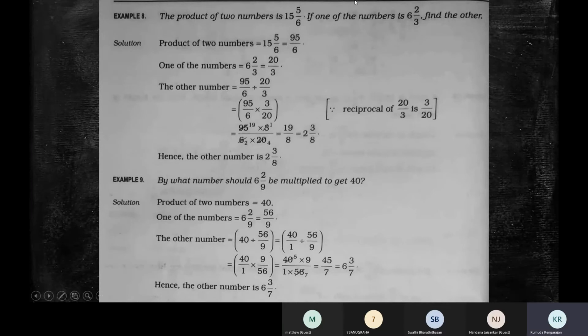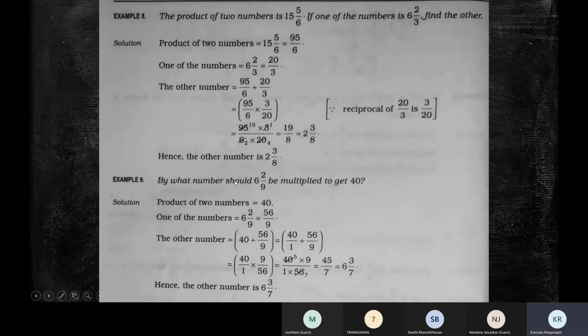Okay. Now look at the next one. By what number should this fraction 6 2 by 9 be multiplied to get 40? Again, let's use our own numbers to understand the question better.